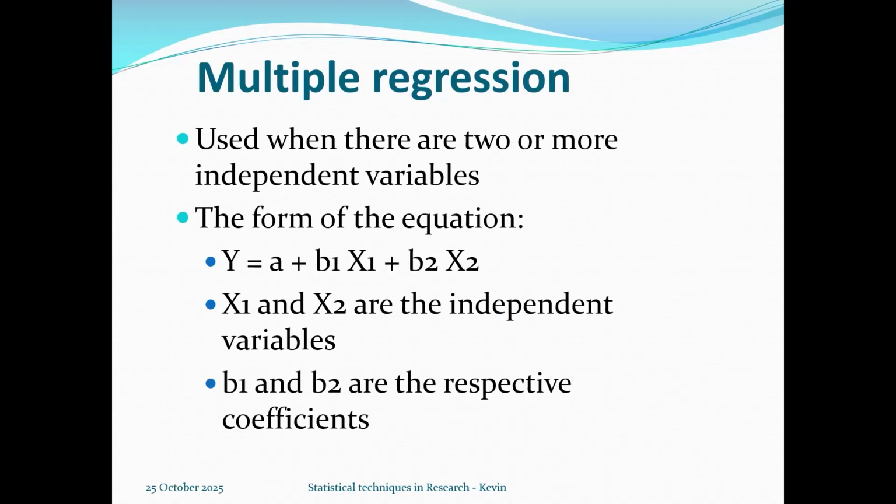In the equation, y is the dependent variable. There is only one dependent variable. Independent variables: alpha plus, here I have shown two independent variables. The first one is called x1, the second one is called x2. So beta for the first one is beta 1, beta for the second one is beta 2. So x1 and x2 are the independent variables, and beta 1 and beta 2 are the respective coefficients.